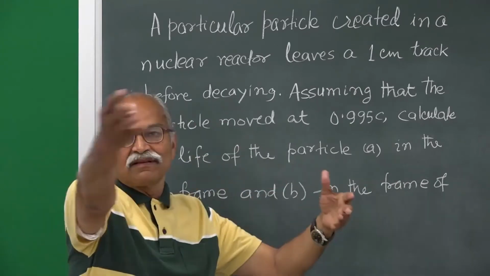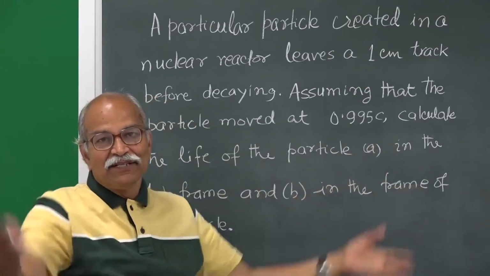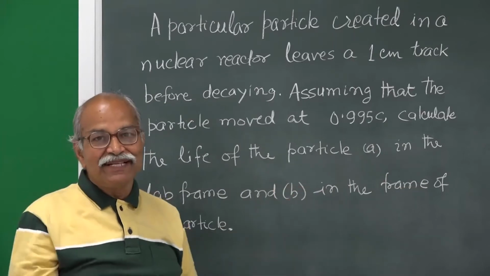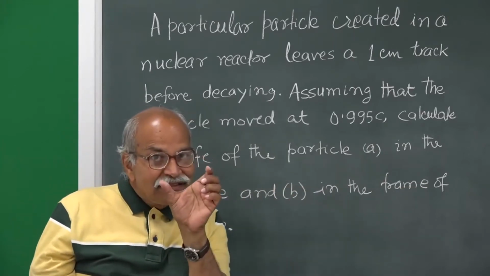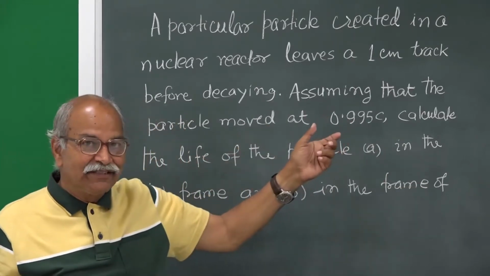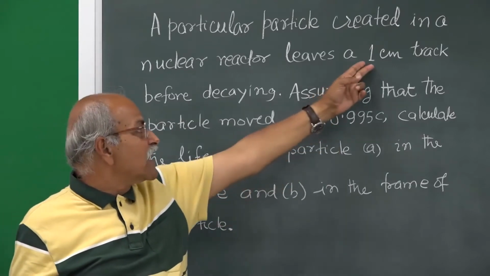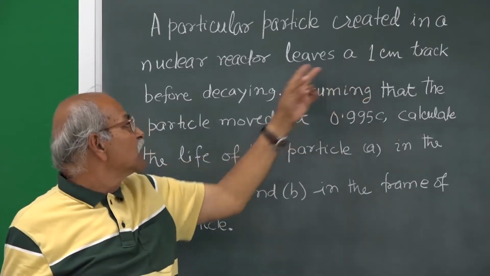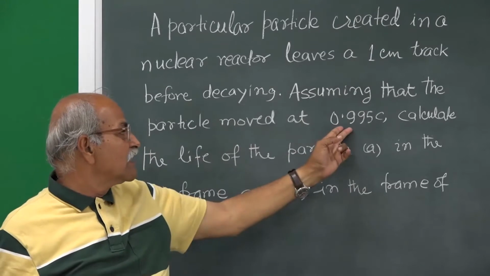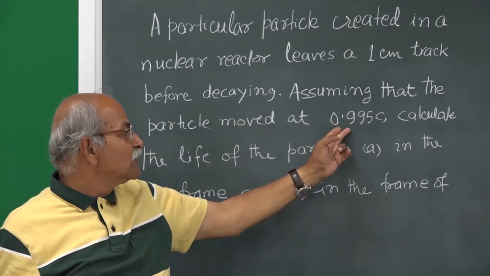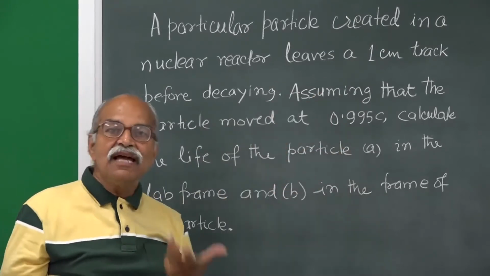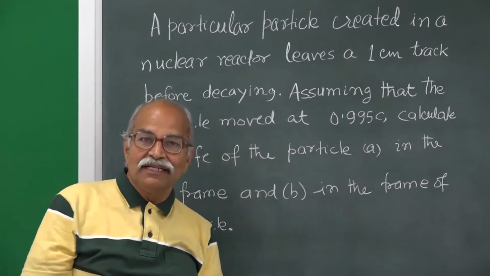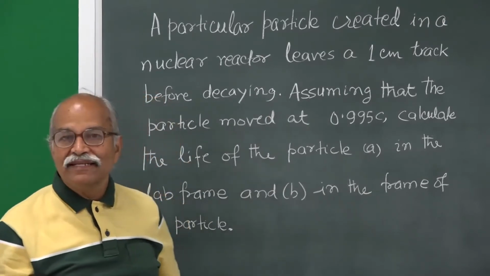Maybe some other particles will be created and more tracks will be created, but that particular track is terminated. So, the length of the track is 1 centimeter, the speed is 0.995 C. So, you can calculate what is the life from particle created to particle decayed.